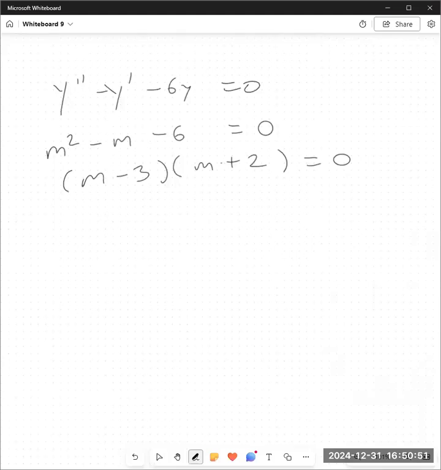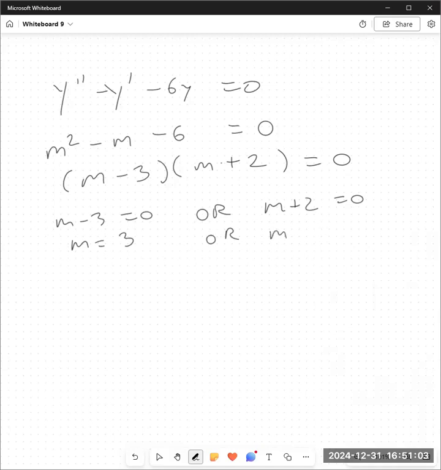This is going to be m minus 3 equals 0, or m plus 2 equals 0, m equals 3, or m equals -2. So I get y equals c1 e to the 3x plus c2 e to the -2x.